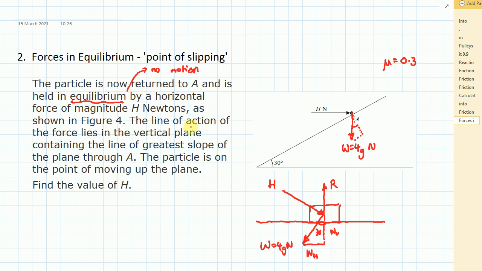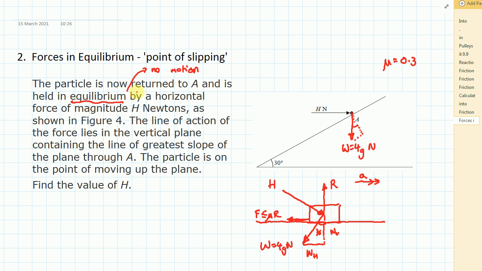Just want to check. So this time, notice the attempted motion is to move it up. And if that's the attempted motion, my friction is going to act backwards.